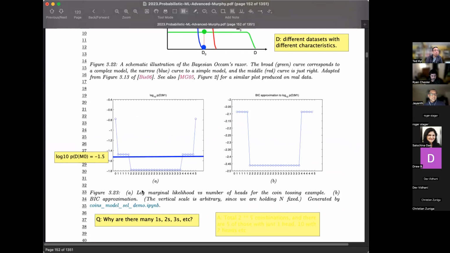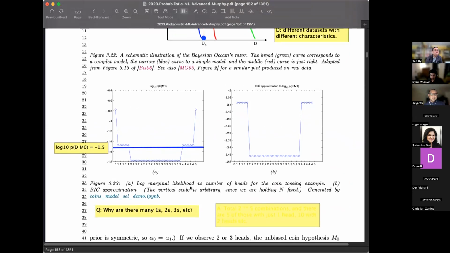So what we're seeing here is, let's say we fix n to 5, and he's shown all these things. On the x-axis, there are 2 to the 5 different variations in which you can get these coin tosses.